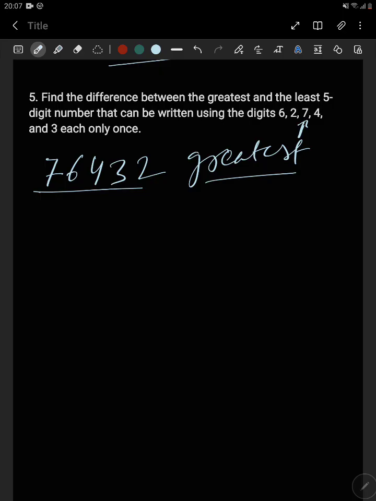Now the least 5-digit number that can be made, so we'll reverse it. So we'll take the least number first, then more than this is 3, then 4, then 6, and then 7. Okay, so this number is the least that can be made from these.